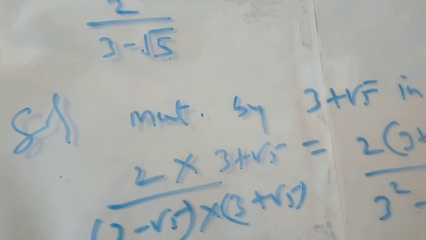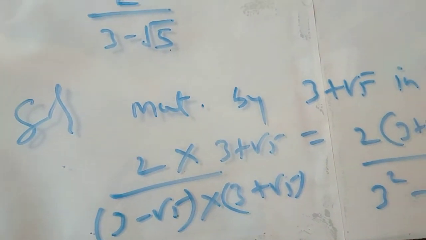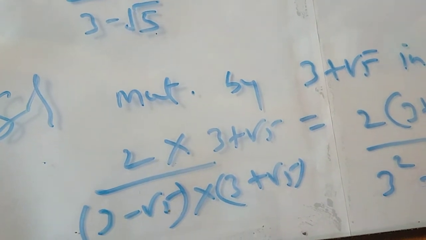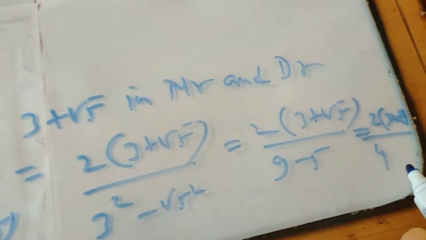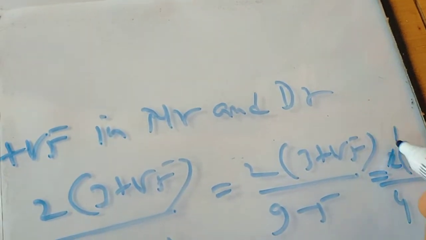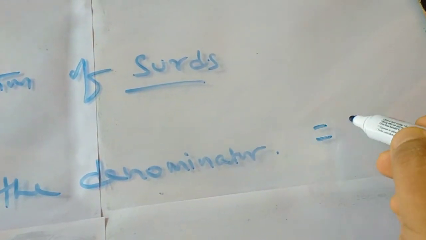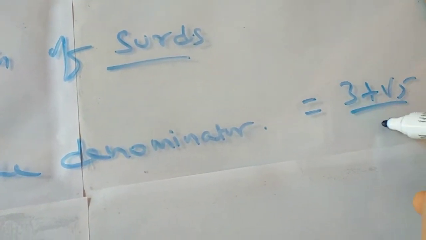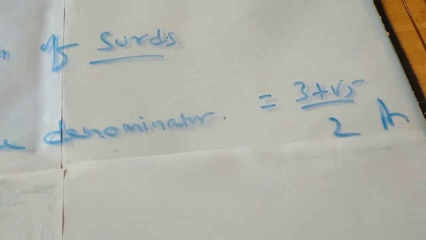So it is 2 times 3 plus root 5 upon 9 minus 5. So definitely it will give 2 times 3 plus root 5 upon 4. This is basically the final answer. If I cancel out this 2, what is the final answer? Then the final answer is 3 plus root 5 upon 2.